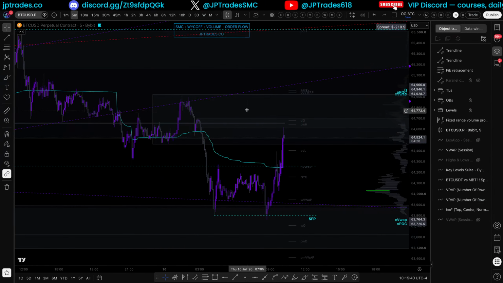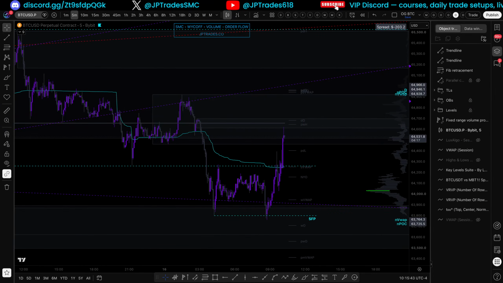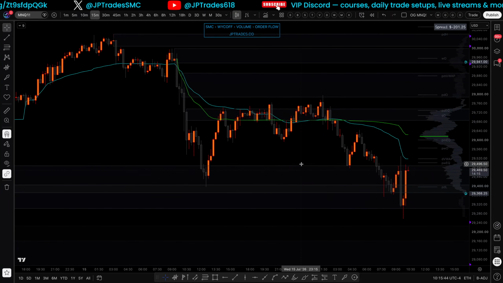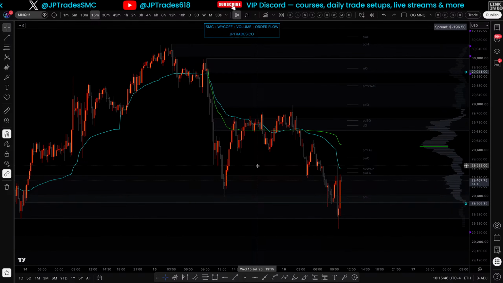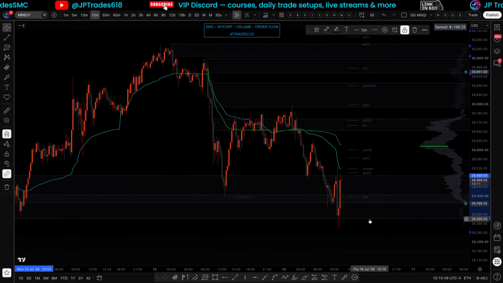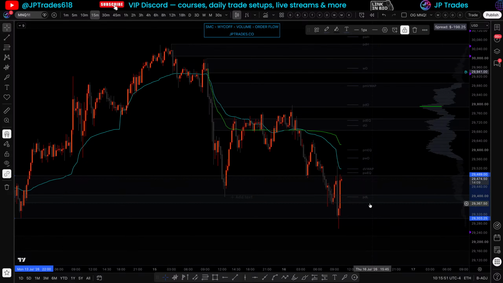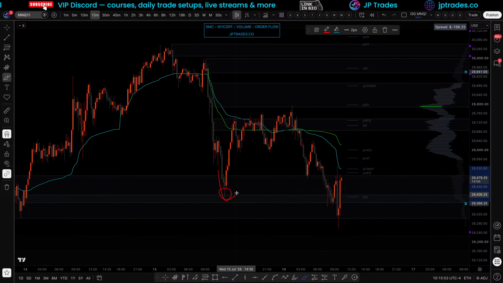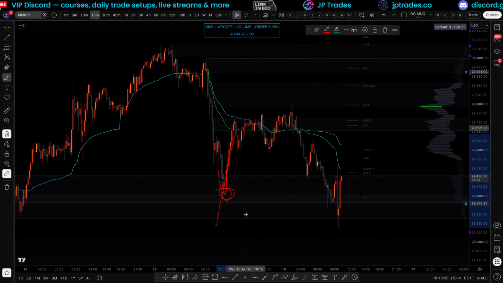All right, as we let that settle here, I'm going to take a quick look at NQ. All these are done. We did have that really nice long from that level, that tiny order block.